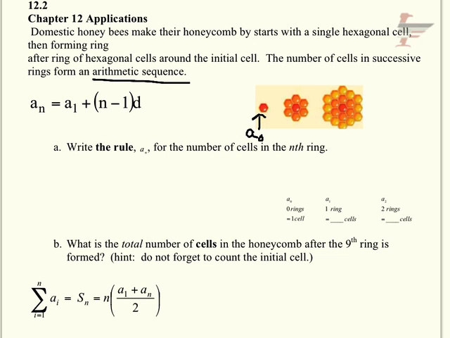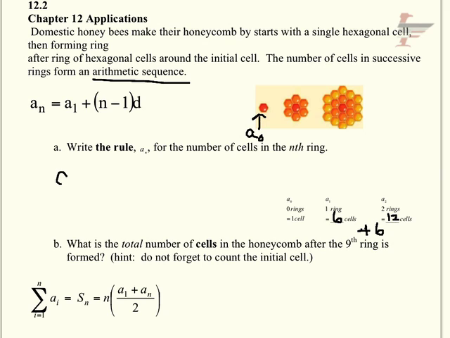So if I write out the sequence, the first ring has 6 cells, the second ring has 12 cells. So it's definitely adding 6 every time. So that makes it nice and arithmetic, even though they told us.